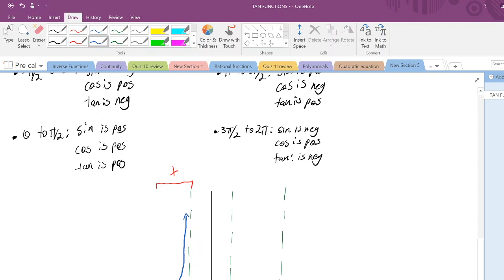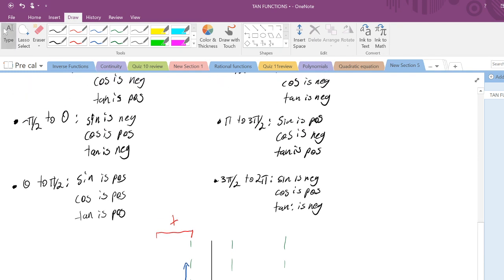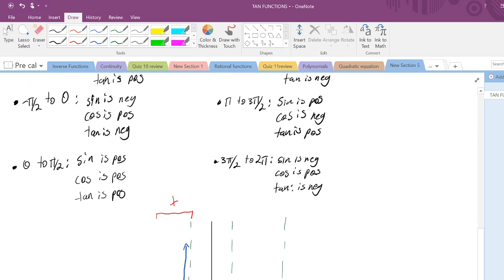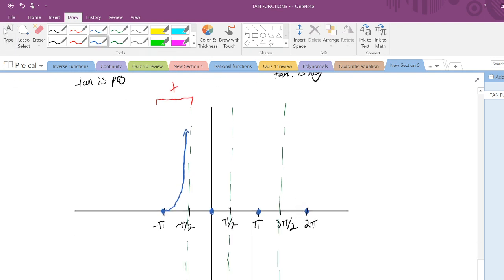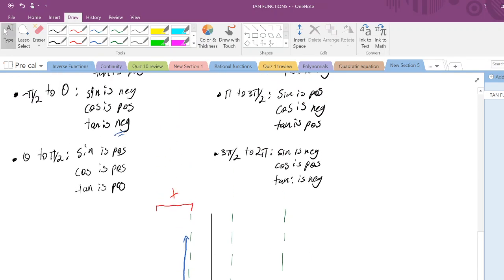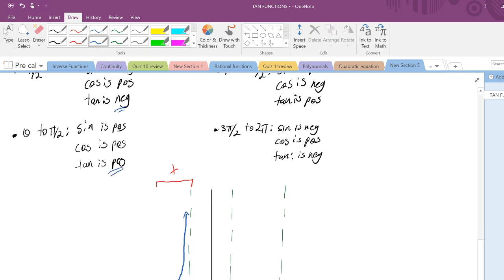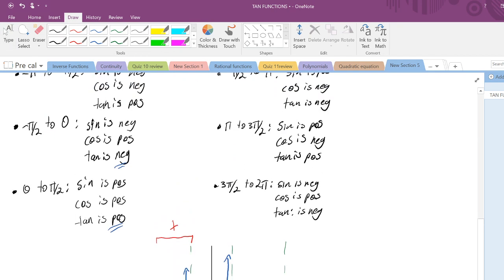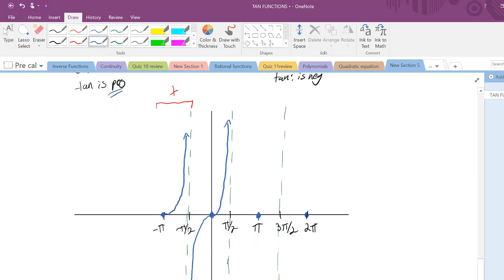Now my next one says from negative pi over 2 to 0, the tangent is going to be negative. So if it's negative, it's going to go like this. And then the next one, it says 0 to pi over 2 is going to be positive. The tangent is positive, so it's going to go from here to here. And then from pi over 2 to pi, the tangent is negative. So that means it's going to go down, so it looks like this.